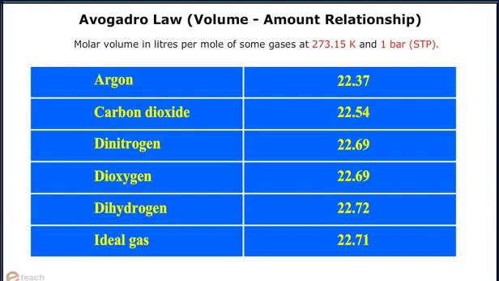For argon, it's 22.37. For carbon dioxide, it's 22.54. For dinitrogen, it's 22.69. For dioxygen, it's 22.69. For dihydrogen, it's 22.72. For ideal gas, it's 22.71.